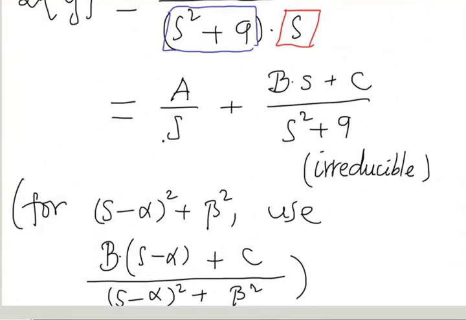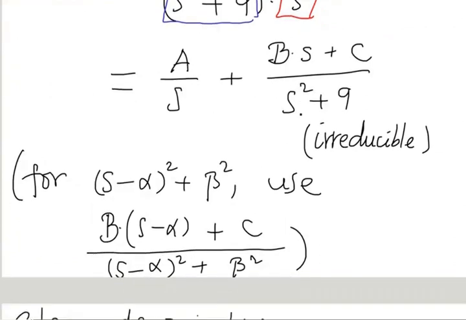So we multiply both sides by the common denominator here, s squared plus 9 times s, and cancel things. We will have this.